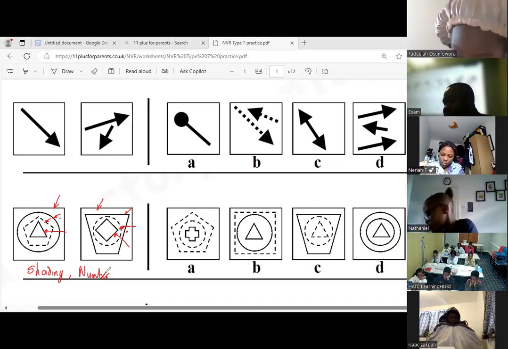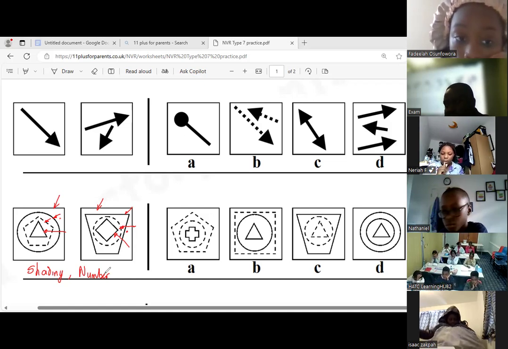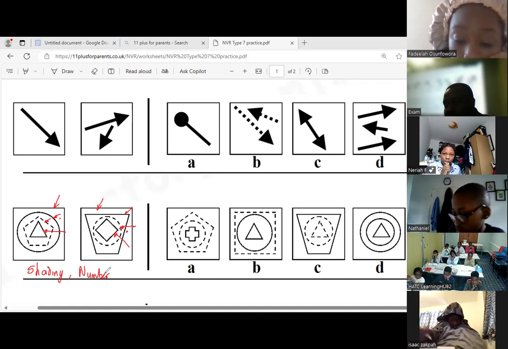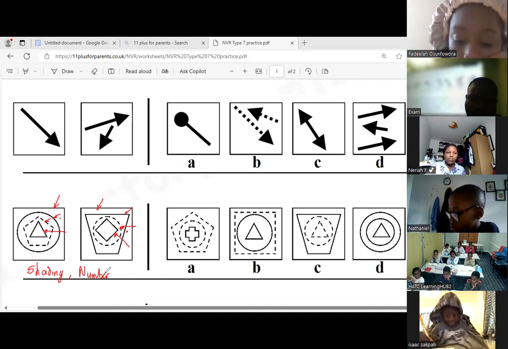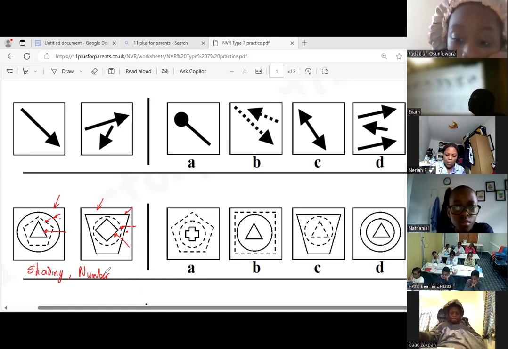If you have number as your rule, give yourself a tick. Another tick. Now, someone will say size. Size, in this case, well, I will give you if you say size, but not exactly.